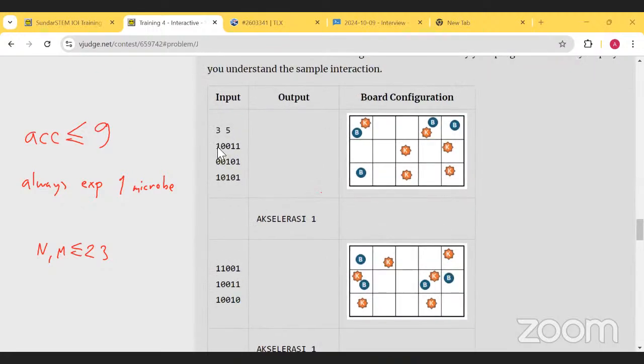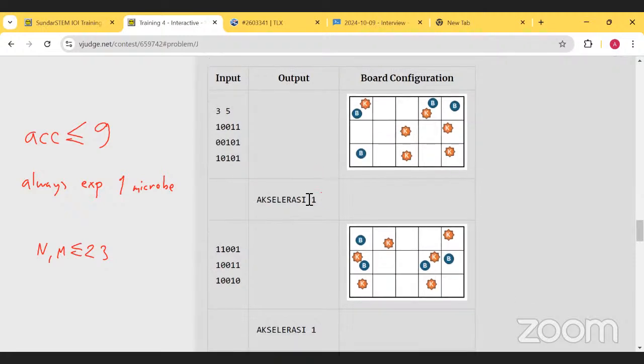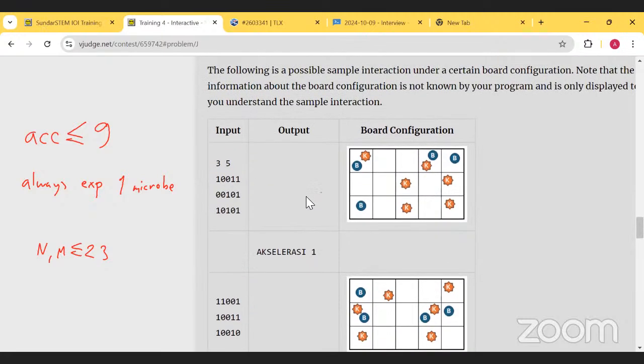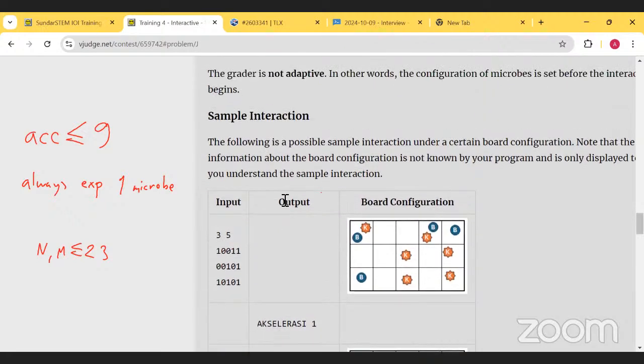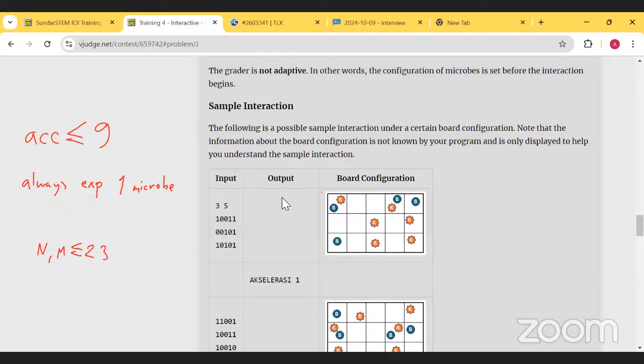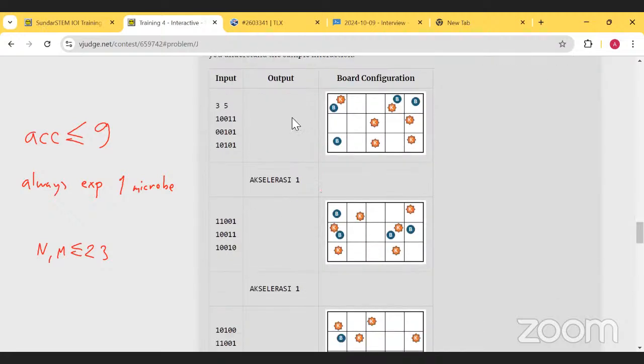We only know whether there is a microbe or not, but we don't know whether here is one or two. Okay, that is the difficulty. Then how to make sure that the position has only one microbe? Any idea?